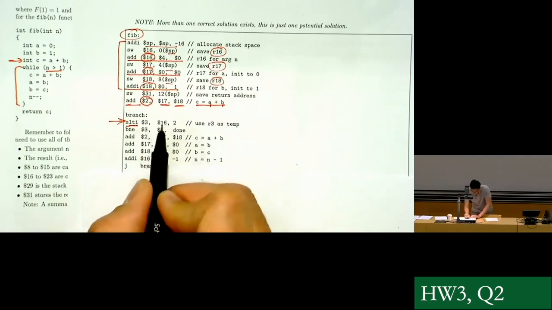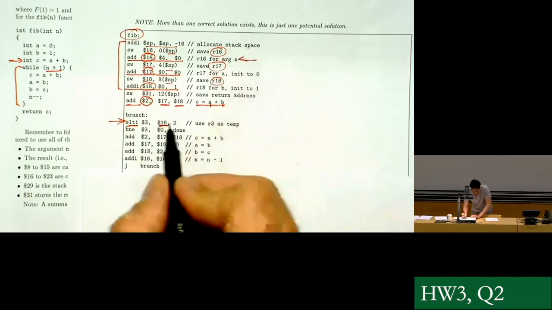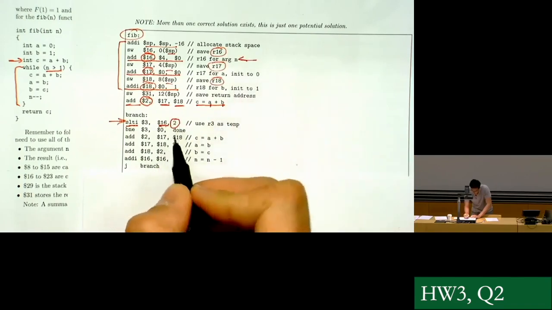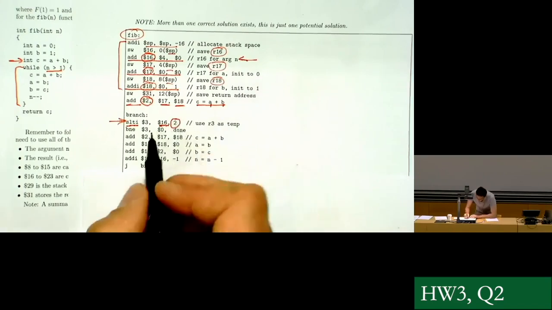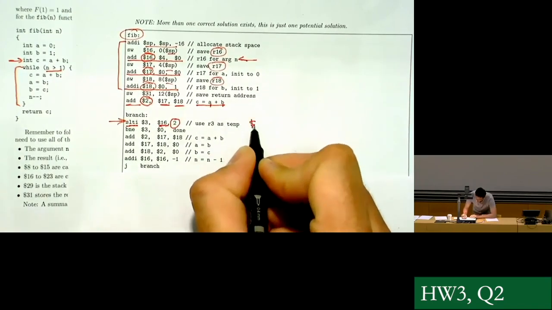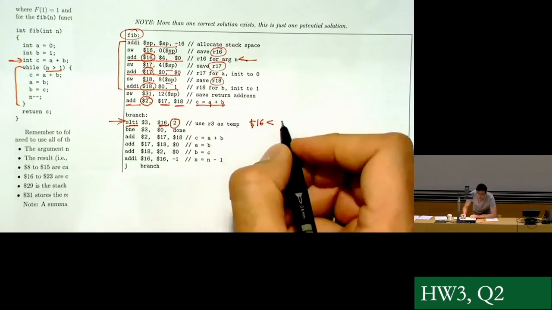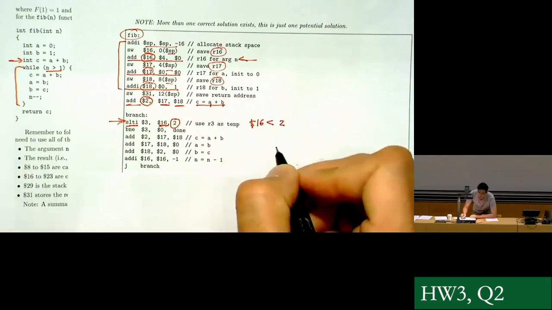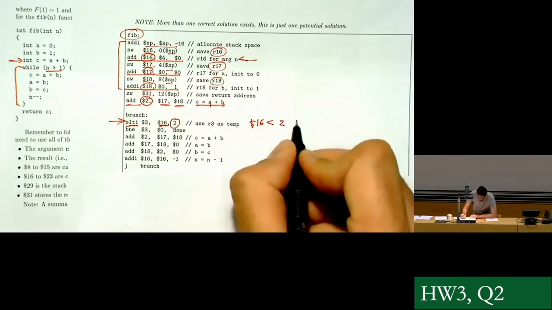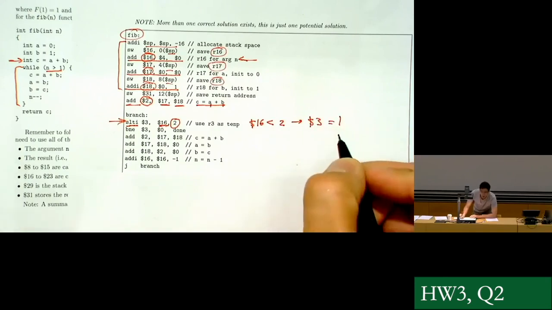We compare register 16, which contains n, to 2. If register 16 is less than 2, then register 3 will be equal to 1, right?